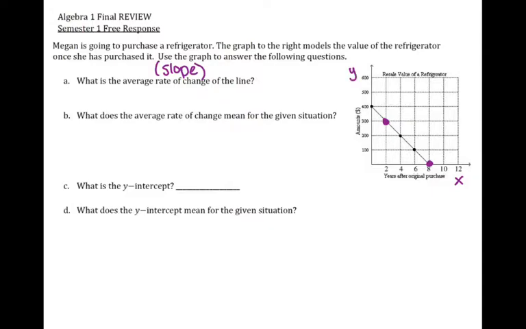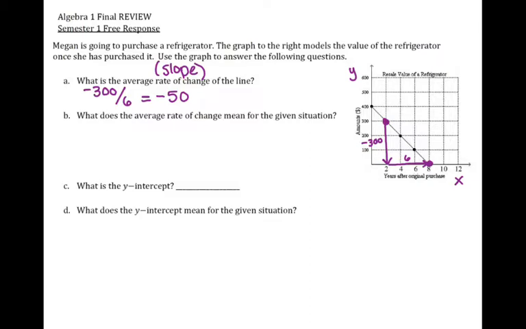So if I go from my first purple point to my second one, I'm going down, not 3, I'm going down 300. And over, going from 2 to 8, so I'm going over 6. So my slope is negative 300 over 6, which of course can be reduced to negative 50.